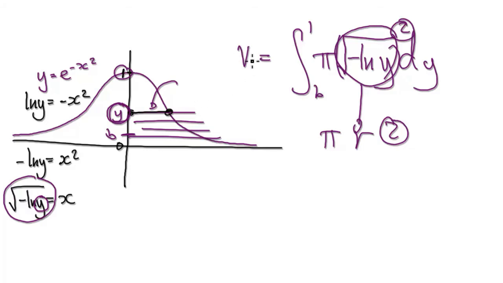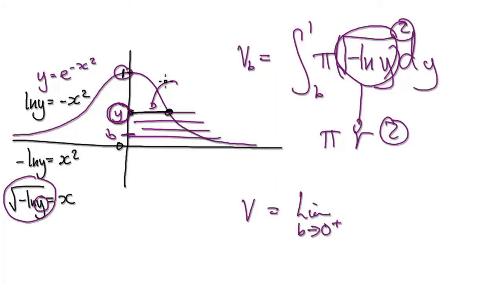But then we can't call it the volume. Our aim is to work out the whole volume, but this is only from b to 1. So instead of calling it v, let's call it the volume up to b, and then later on v equals the limit as b heads towards 0 from the positive side.